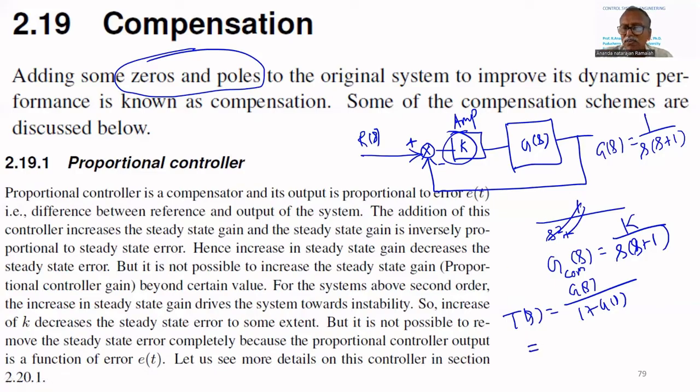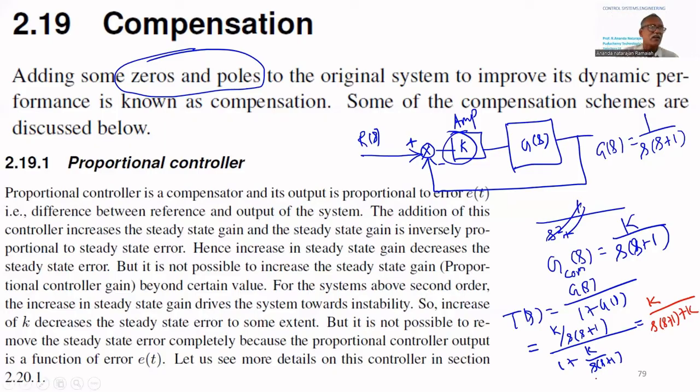Therefore, substituting G of S, K upon S multiplied by S plus 1 whole divided by 1 plus K upon S multiplied by S plus 1, that is equal to K upon S multiplied by S plus 1 plus K. Am I correct or not? Where you added K, you added K in the numerator. In closed loop, it becomes part of the denominator.